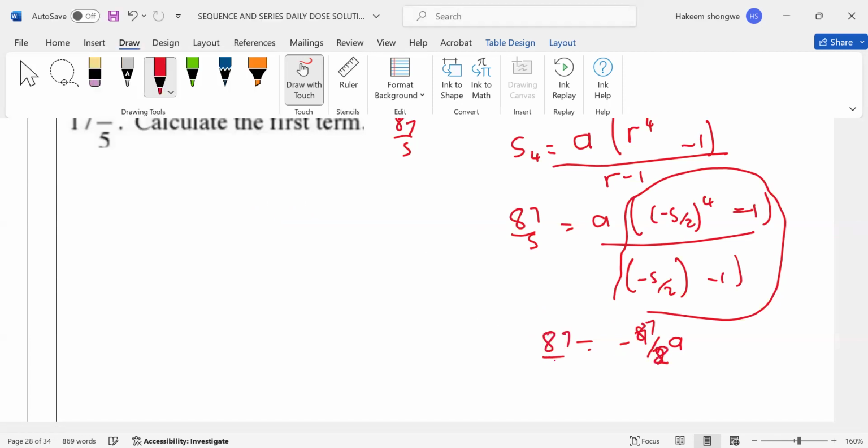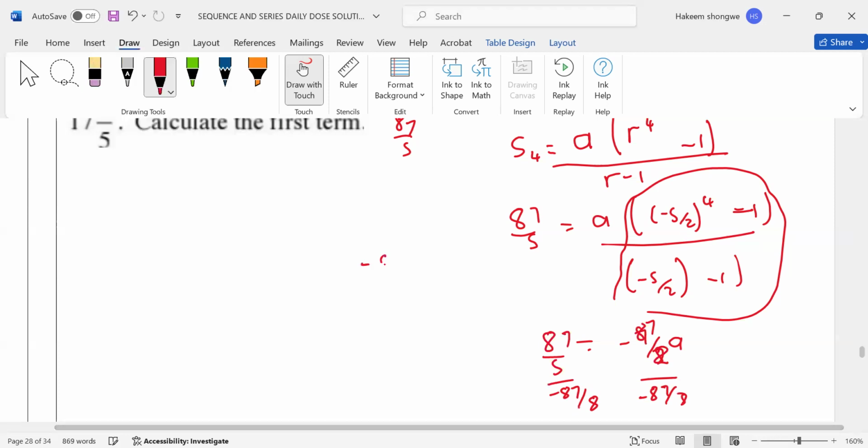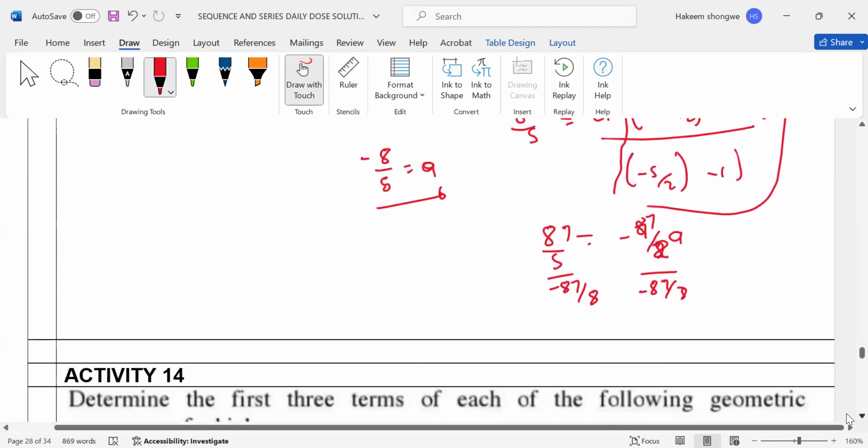Simplest thing that you can do here, you can say, okay, we're going to take 87 all over 5, and then we're going to divide it by the answer. And then it gives us minus 8 all over 5, which is going to be our A. And then that's what we're calculating. What are we calculating? The first 10. And then from there onwards, we can come into activity number 14.